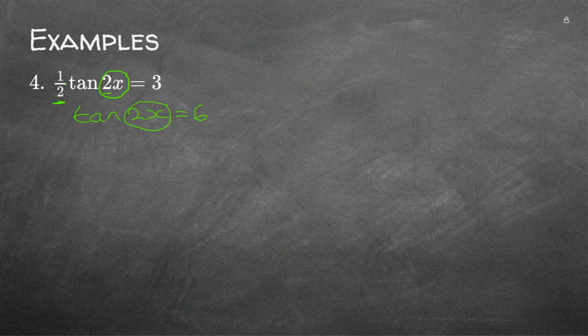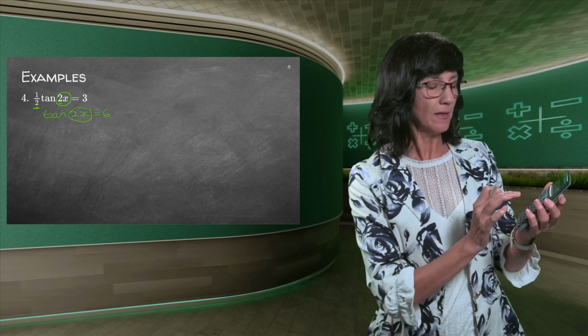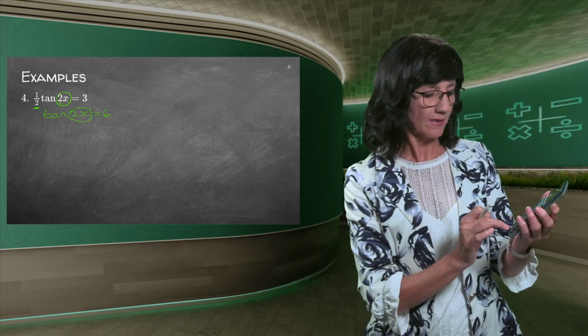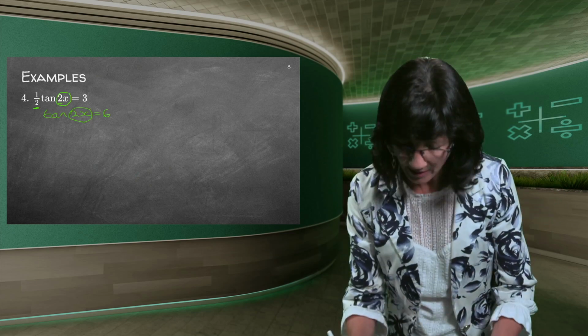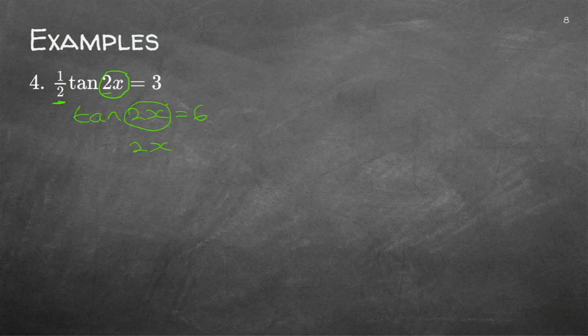There's your angle that you may not touch. I need to get rid of my tan word. So I click Shift Tan and I press the value 6. Close the bracket, equals, and I get 2x is equal to 80.5376. In fact, I'm going to leave the whole big fat thing on my calculator.